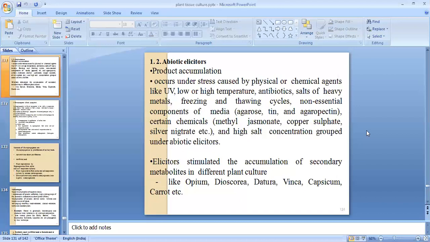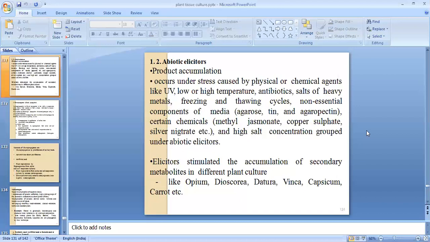These are considered to be the abiotic elicitors. Abiotic elicitors are the substances, either physical agents or chemical agents, which induce the production, apart from the things which are present inside the cell. That is called as abiotic elicitors.